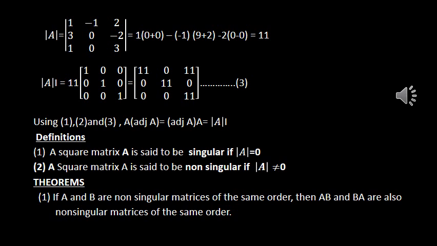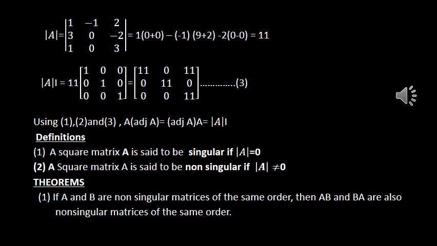Now we have two or three small definitions. Sometimes we get the determinant of a square matrix. We know determinant exists only for square matrices. So sometimes the determinant answer is 0. Then we say the matrix is singular. What do you mean by determinant?